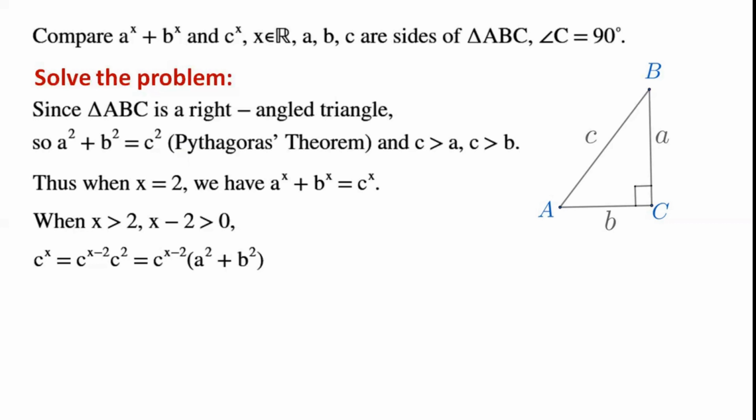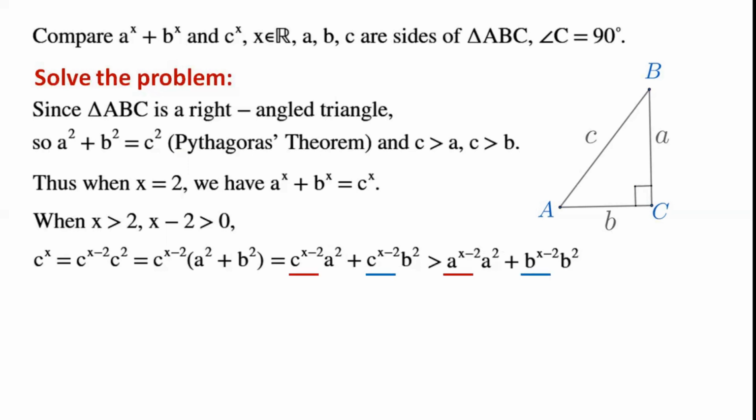We know that c squared equals a squared plus b squared by Pythagoras theorem. We can now write it as c to the power of x minus 2 times a squared plus c to the power of x minus 2 times b squared.